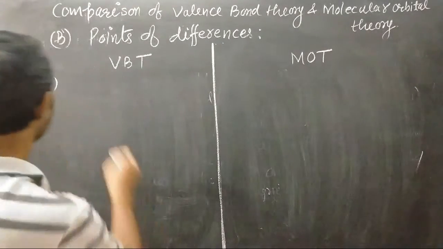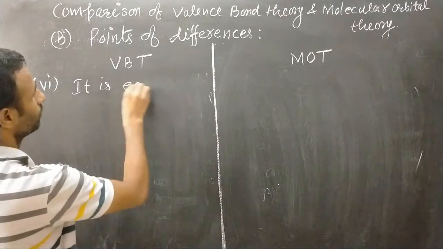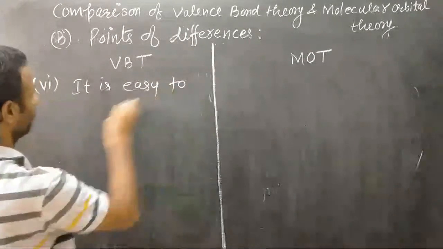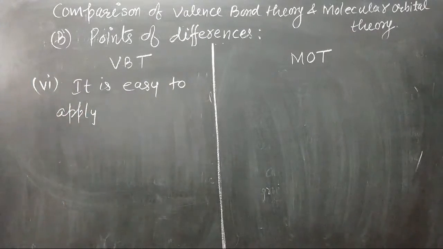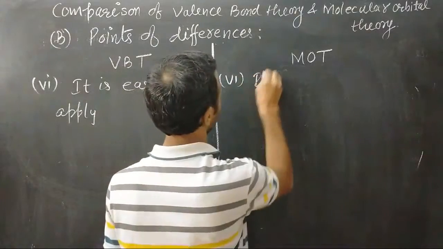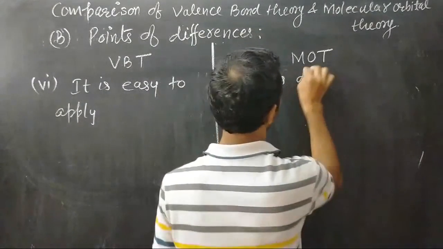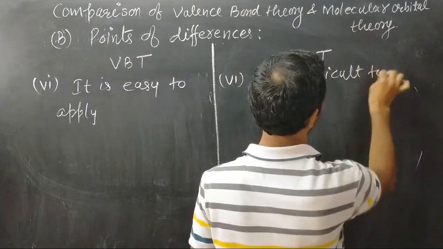So VBT is easy to apply, but MOT is difficult to apply.